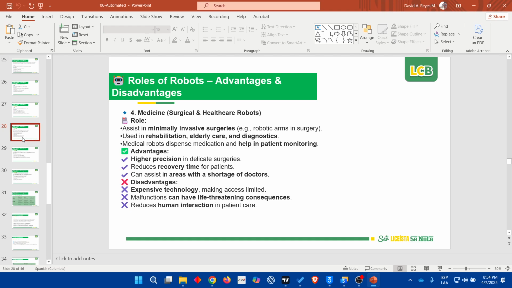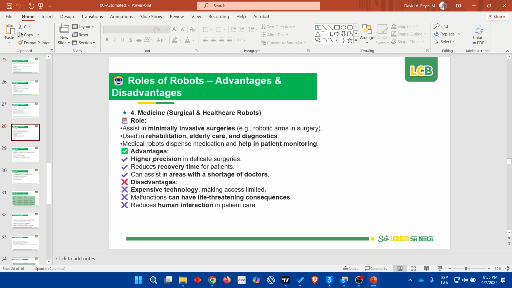For medicine, surgical and healthcare robots. So, for example, the role is to assist in minimally invasive surgeries, robotic arms in surgeries, use in rehabilitation, elderly care, and diagnostics, and medical robots dispense medication and help in patient monitoring.